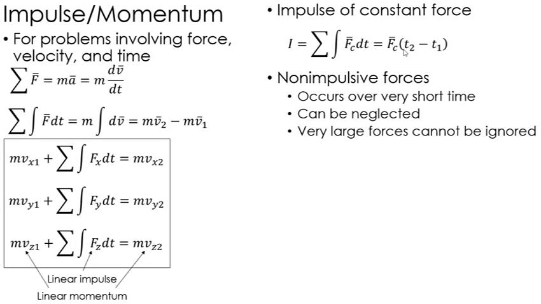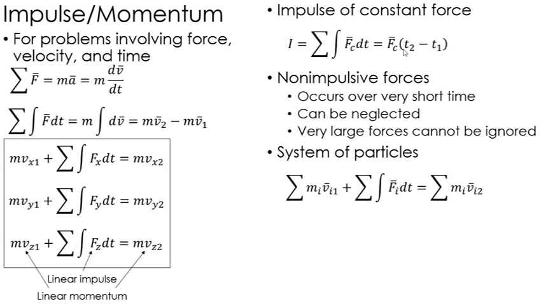So we can neglect gravity over that short period of time because it is so vastly outweighed by the very large impact force of the hammer hitting the nail. A lot of times it's gravity that we're neglecting. When we have short impulses occurring, those smaller forces can just be neglected.